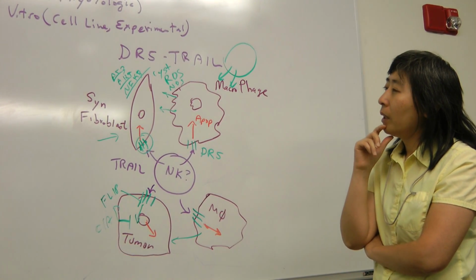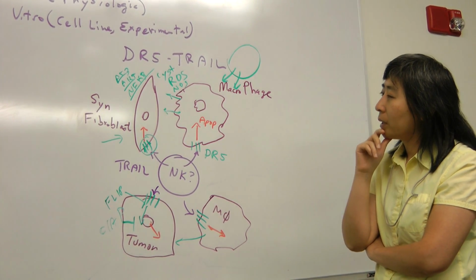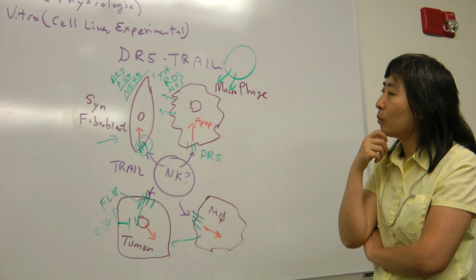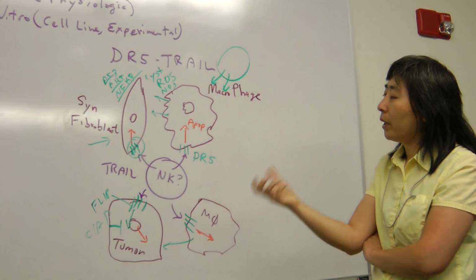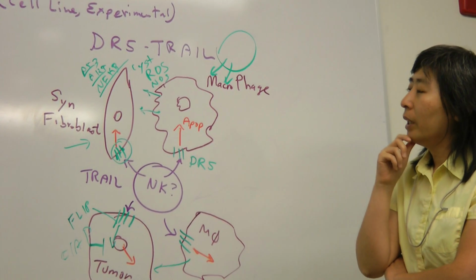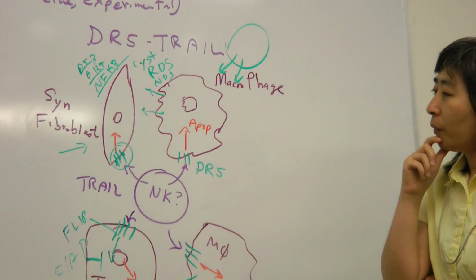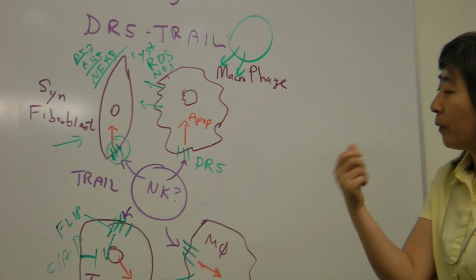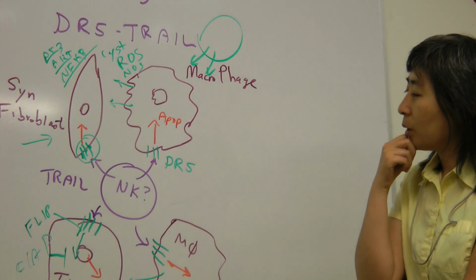In the case of rheumatoid arthritis, one can easily link this, because in the RA synovium there's a lot of inflammation ongoing, and the inflammatory macrophage will produce a lot of reactive oxygen species.